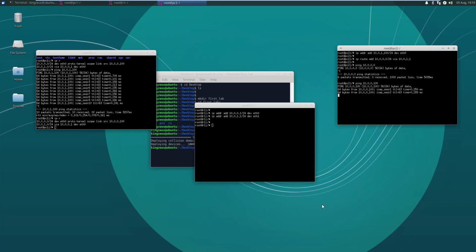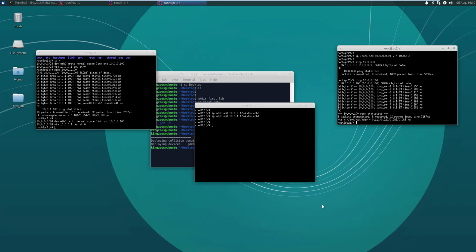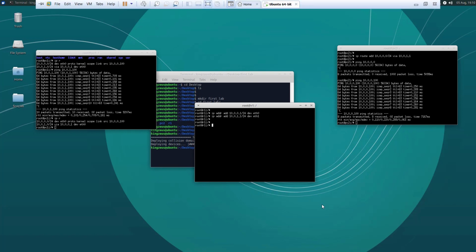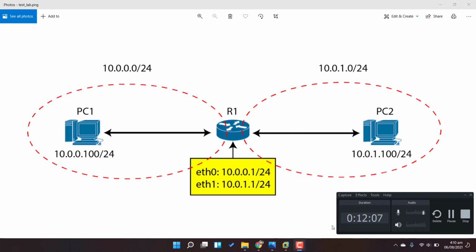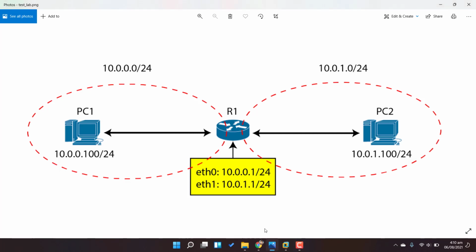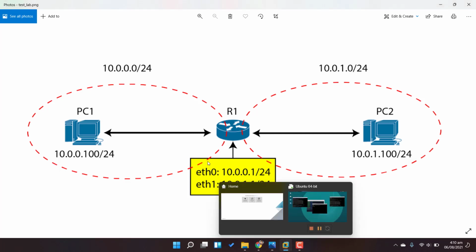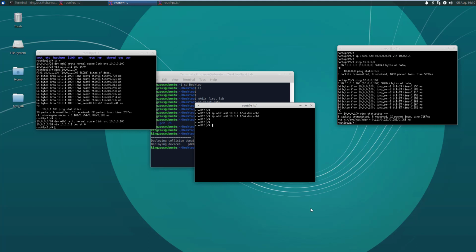Perfect. We're getting a reply. We are sending our request. The ping is working very well. So yeah, the experiment has been successful.